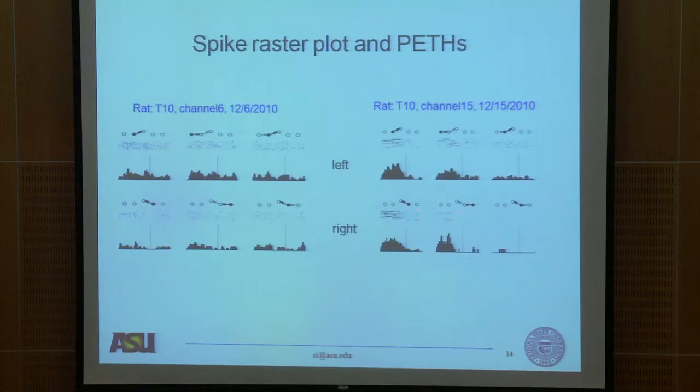So this gives you a snapshot over the time course of a trial of how each neuron responds. So collectively, statistically, it gives you a profile of the typical characteristics of a neuron's response to this task behavior, starting from when the cue light is on to the point where he picks up his food reward. This gives you an intuitive idea of what it looks like.